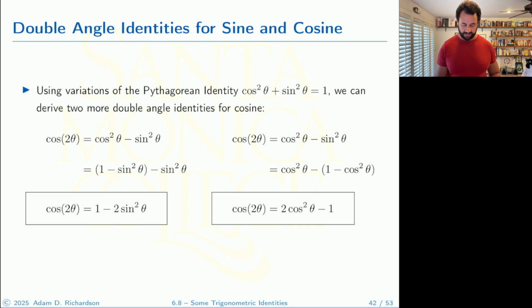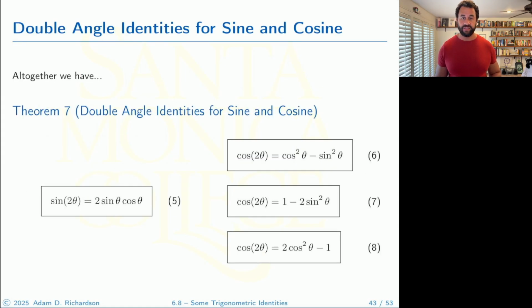But again, it just falls very quickly from that to that. Now, rather than using the Pythagorean identity to replace cosine squared theta, we could have instead replaced sine squared theta, and then we get a different reformulation of this double angle identity right here. So there's two more just right there.